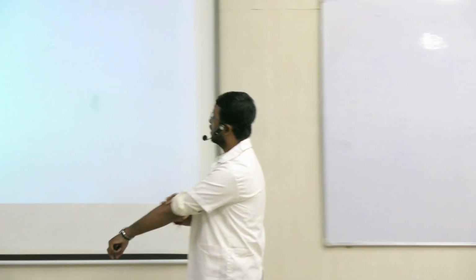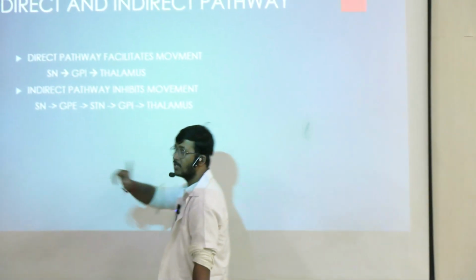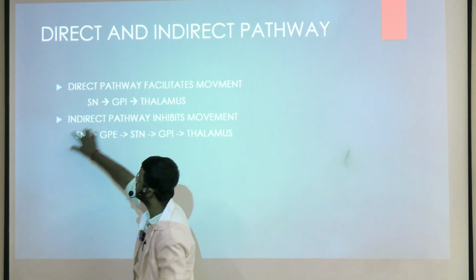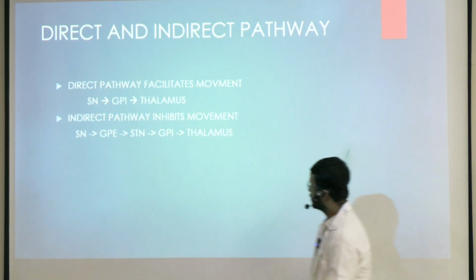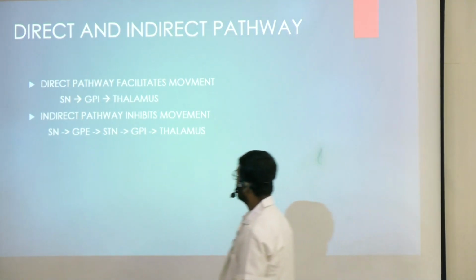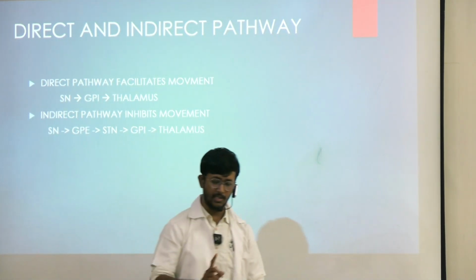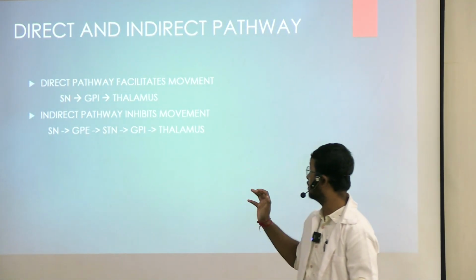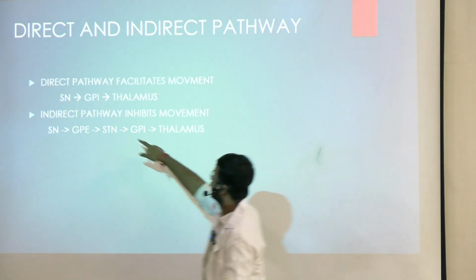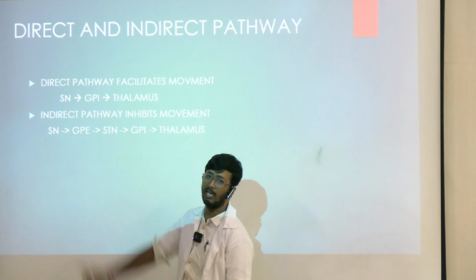Now in either pathway, the first part will be your substantia nigra pars compacta, or simply substantia nigra. One feature of these pathways is that the globus pallidus interna will always inhibit the thalamus.